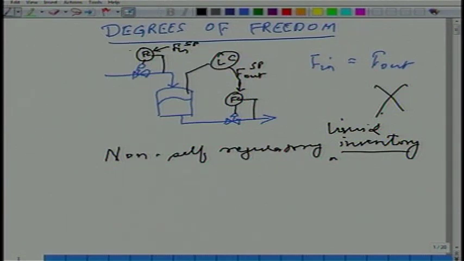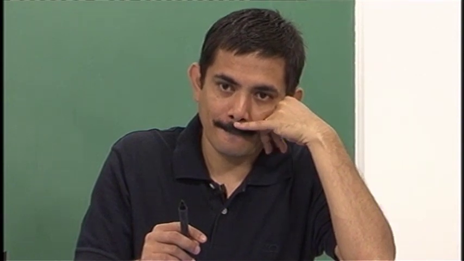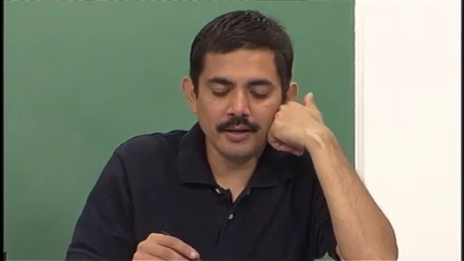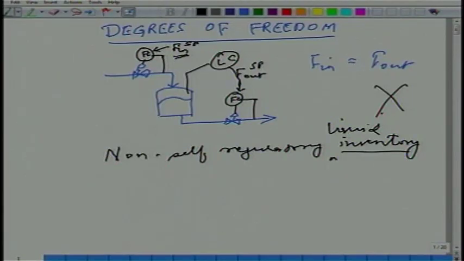Now for a given throughput, is the operator free to adjust anything? Let me rephrase the question. If this is given to you, for example your manager asks you, you have to process so much feed through this tank.